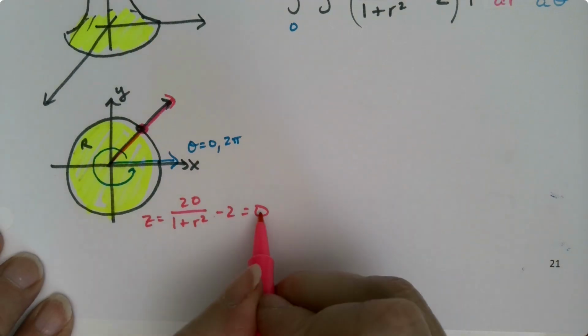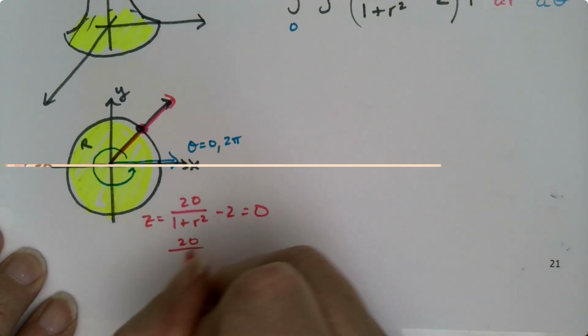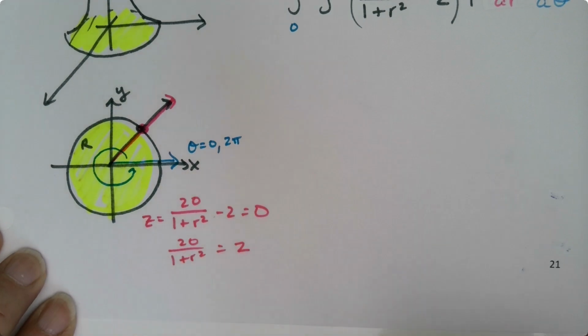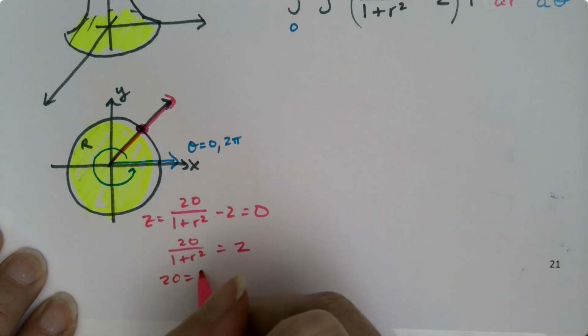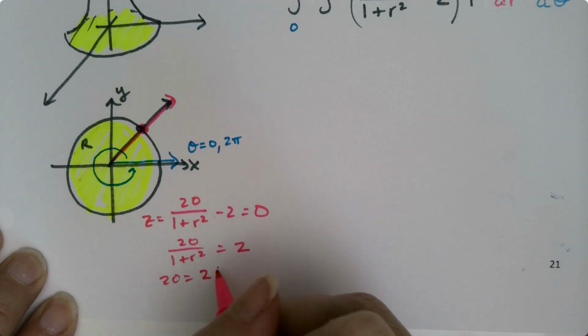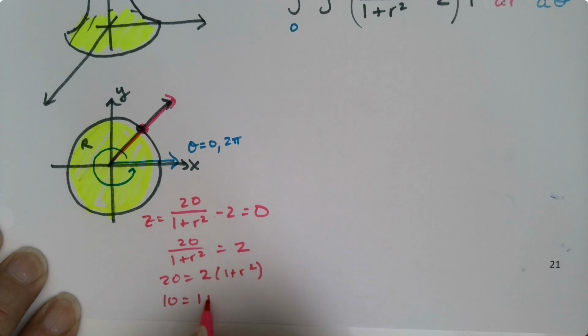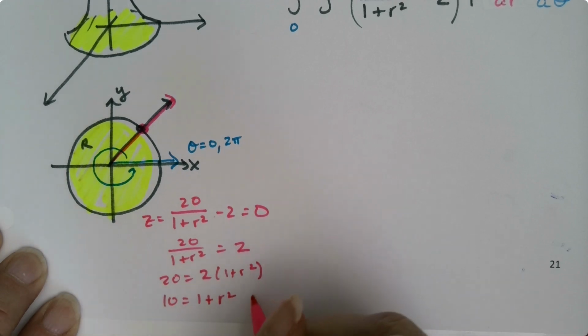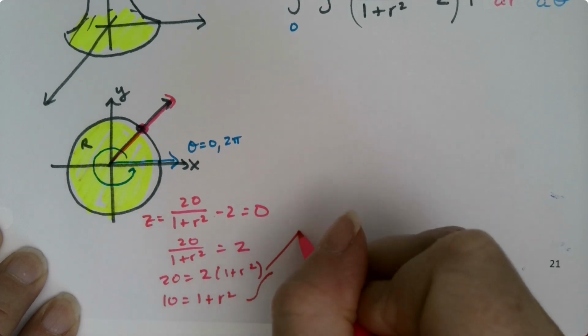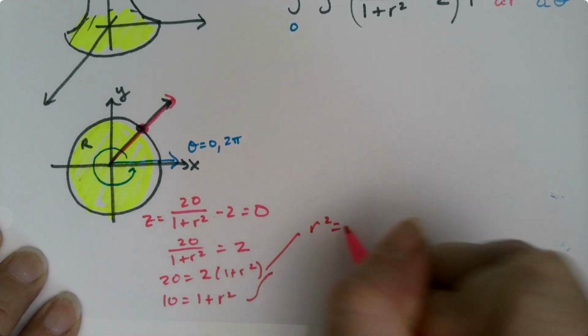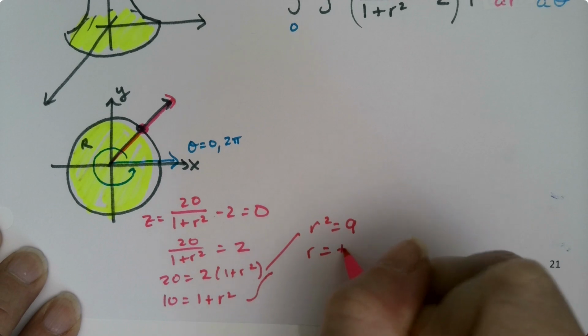So I'd add 2: 20 over 1 plus r squared equals 2. So 20 equals 2 times 1 plus r squared. So 10 equals 1 plus r squared. So r squared equals 9. So r equals plus or minus 3.